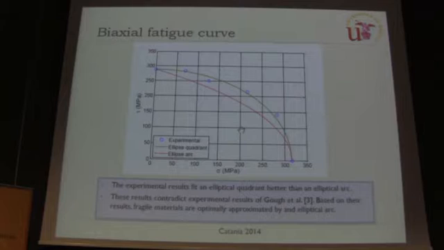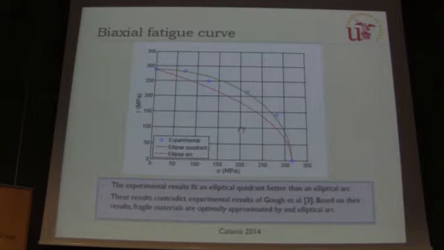So in this graph, we have plotted the 6 fatigue limits in the sigma-tau graph, and we can see that we can fit this experimental data better with an ellipse quadrant instead of an ellipse arc.